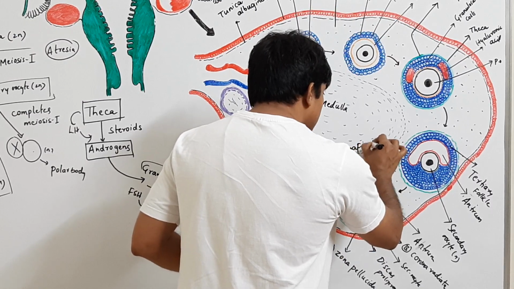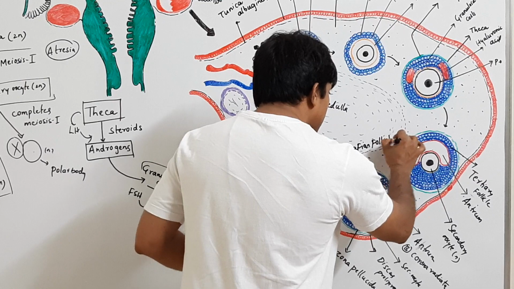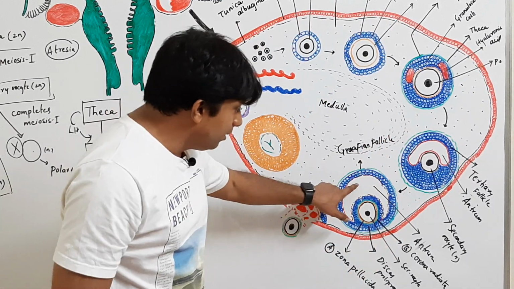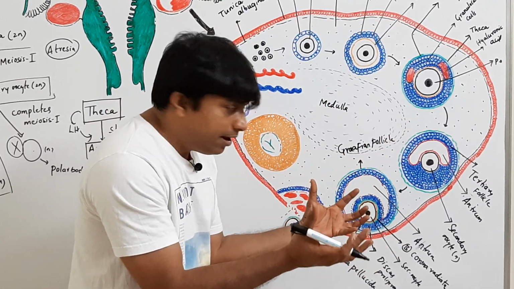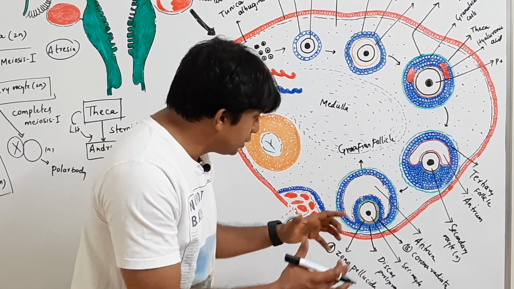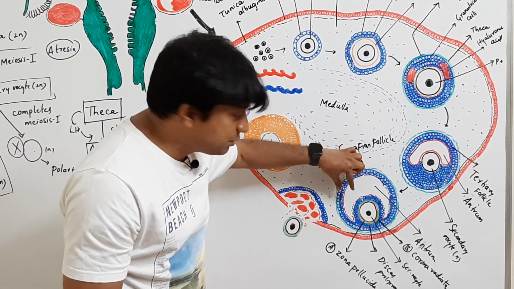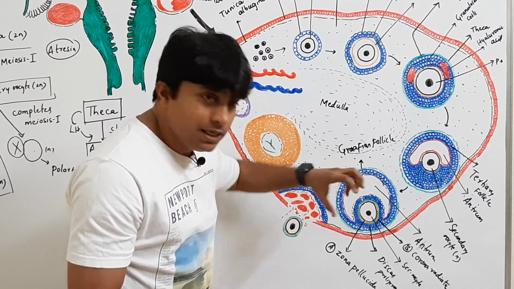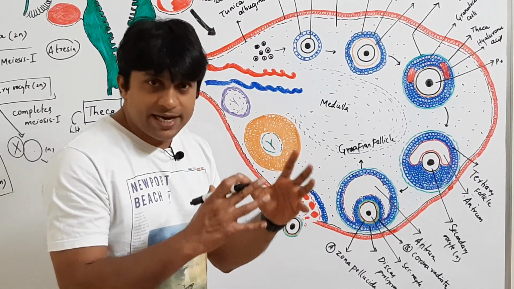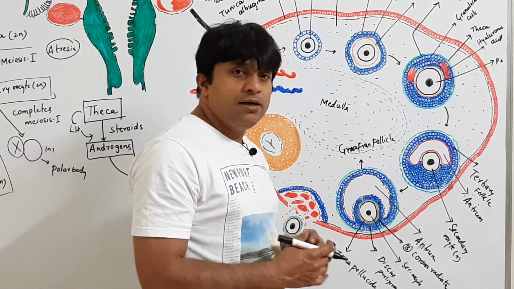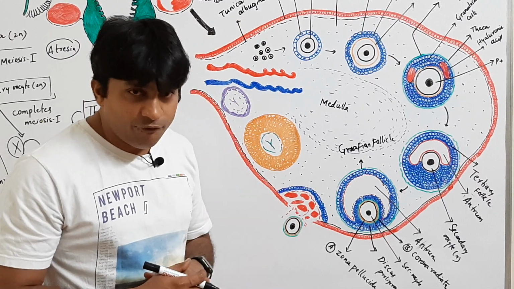In this Graafian follicle, the antrum enlarges, and due to the enlargement of the cavity, the cells become a very thin layer, and the oocyte becomes eccentric.